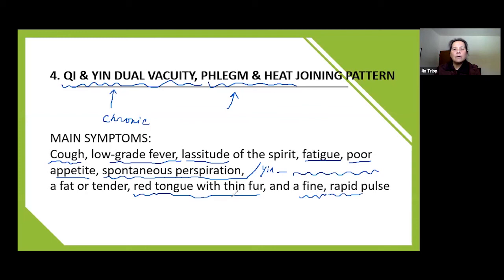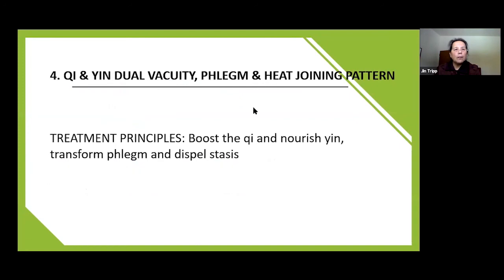That's because yin deficiency can generate some deficiency heat. So treatment principle: tonify qi, nourish yin, transform phlegm, and remove stagnation.